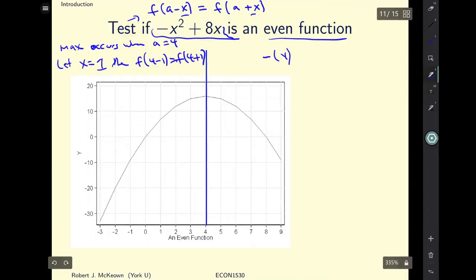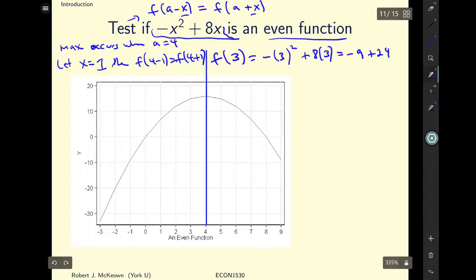So we're going to have negative 4 squared. Made a mistake. Not 4. What do I want to put in here? I want to put 3 in here. And I want plus 8 times 3. That gives me negative 9 plus 24. What is this equal to?